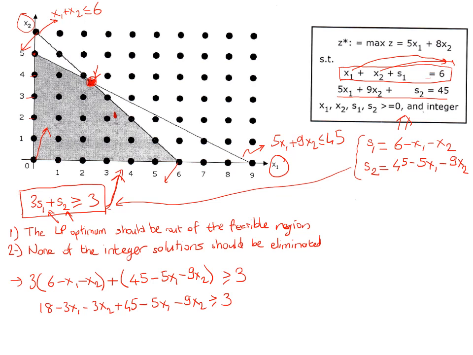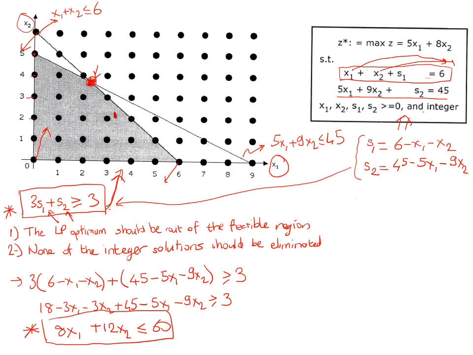Then when you rearrange all the terms here, you obtain 8x1 plus 12x2 less than or equal to 60. Now this equation is the same as the starred one. The only difference is one of them is written with S1 and S2, the other one is written in terms of x1 and x2.